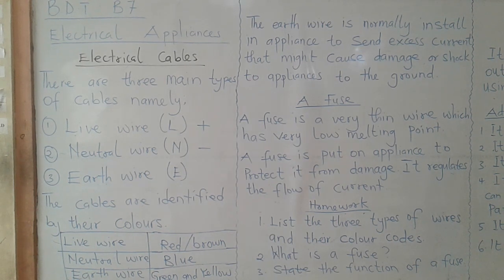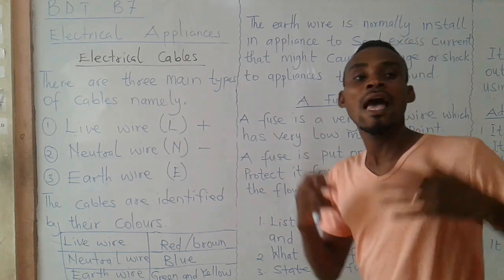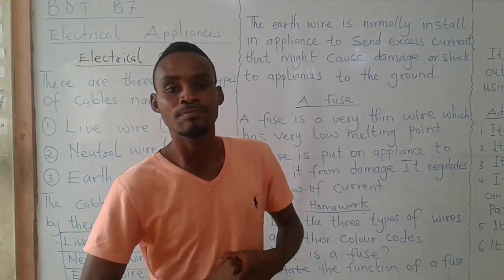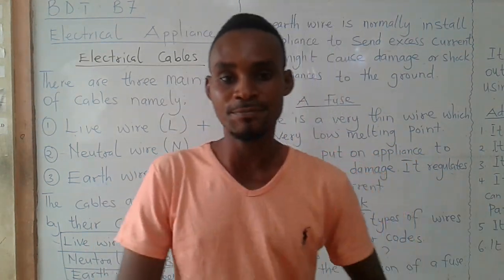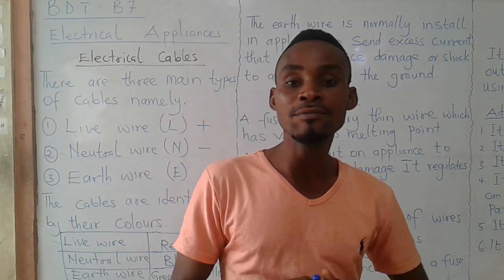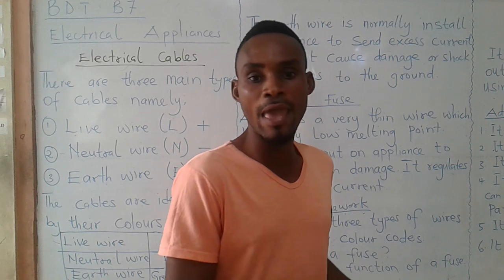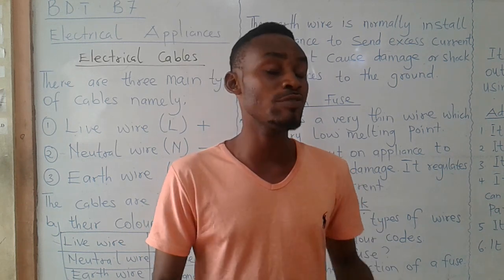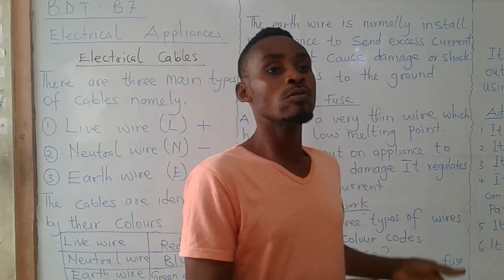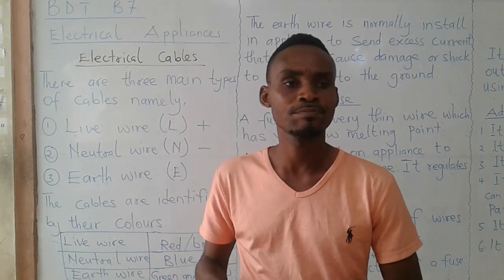All right, let's continue. As I said earlier on, there are three types of wires, and electric current is able to pass through them.